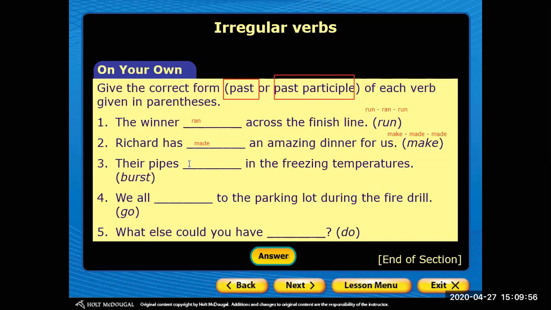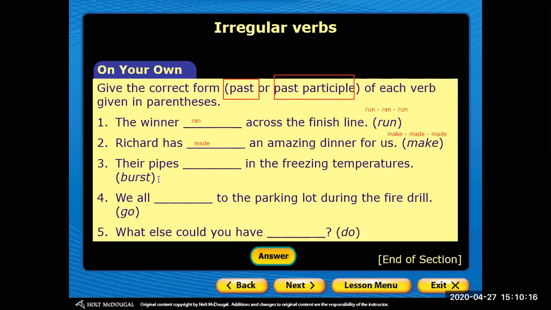Their pipes burst in the freezing temperature. Do you remember the conjugation of this verb?